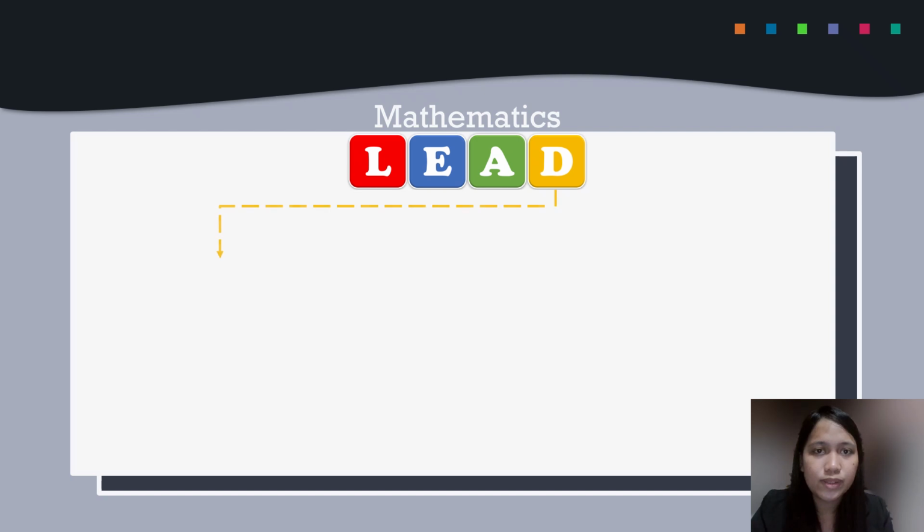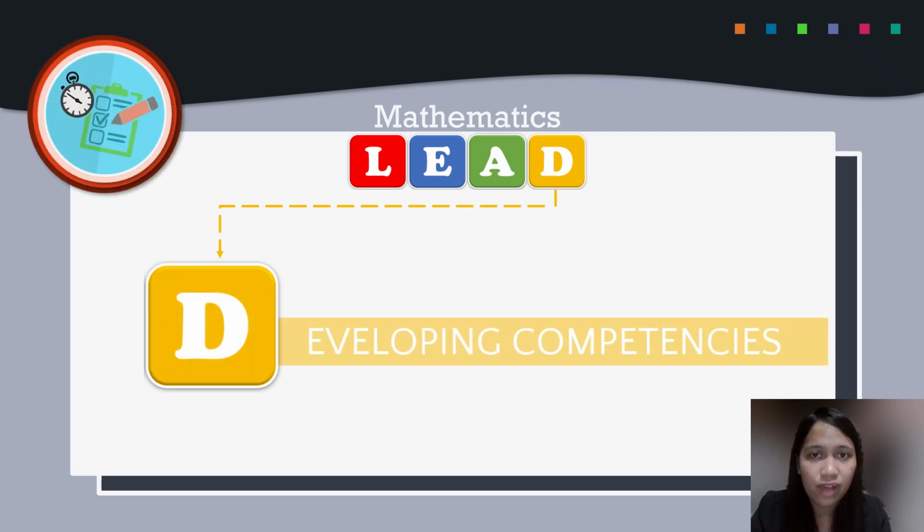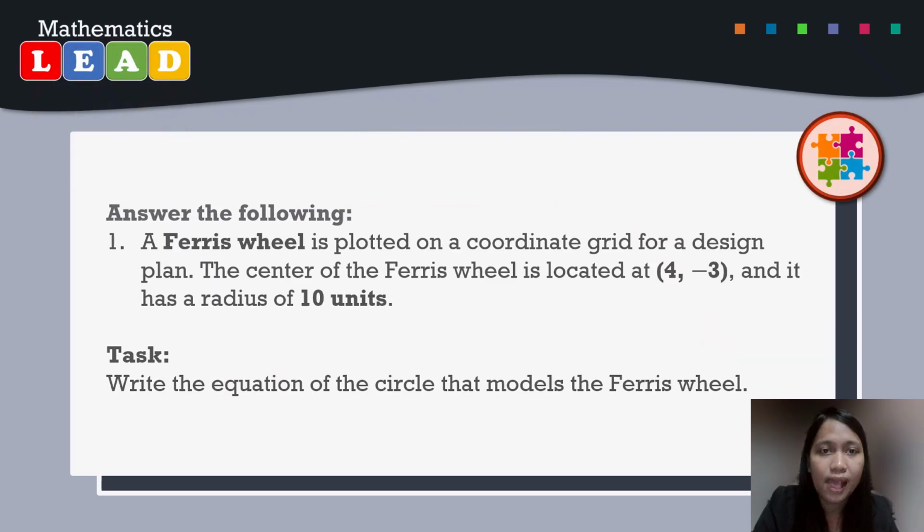Let us now proceed to the last part, which is the developing competencies, wherein it will test your understanding about our discussion for today. Answer the following. Pause the video so you will have enough time to solve for the answer. Let us all read. A Ferris wheel is plotted on a coordinate grid for a design plan. The center of the Ferris wheel is located at 4, negative 3, and it has a radius of 10 units.